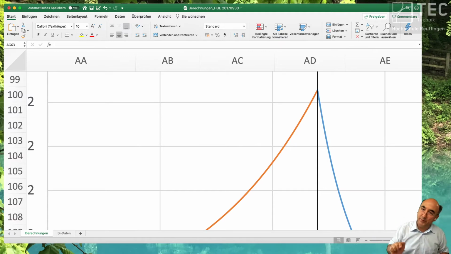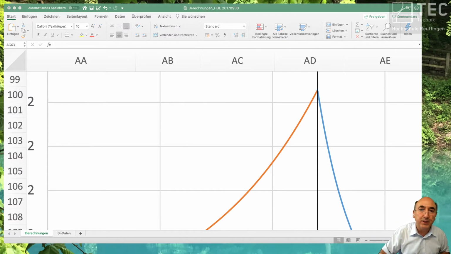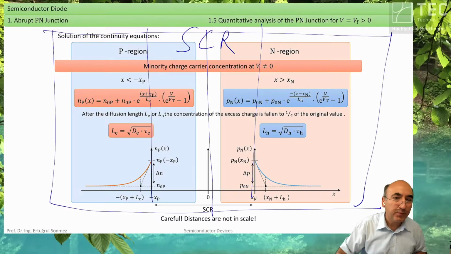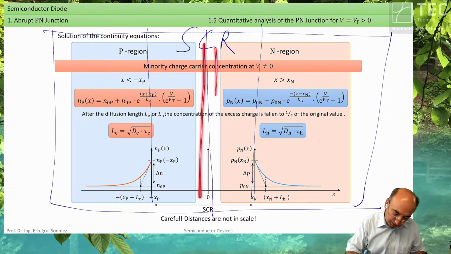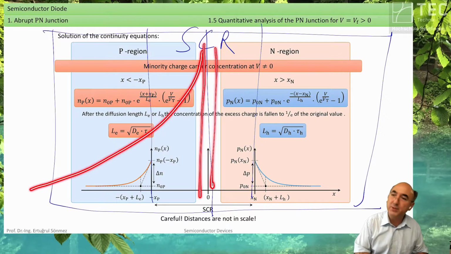And therefore, the recombination takes place, the concentration drop takes place, but the space charge region is here, and the diffusion length drop is something like this.